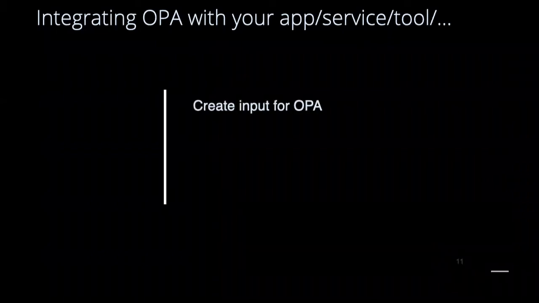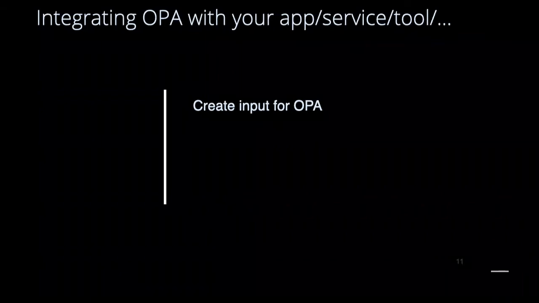So here's the first step. You have to create an input for OPA. Because OPA takes JSON input, if your application does not in any way have the ability to produce JSON input, you have to create a certain input for OPA, and we will see how we have created that in the sample Flask application to put things in perspective.